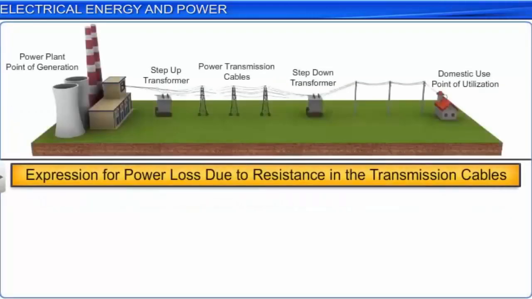Using equation 8, that is, P is equal to I square R, we can derive an expression to calculate the power loss due to resistance in the cables. Power loss in the cable PC is due to its resistance RC, which is expressed as PC is equal to I square RC.